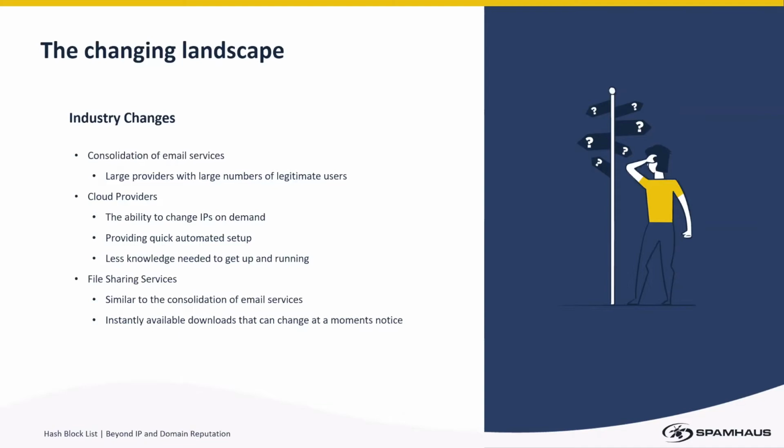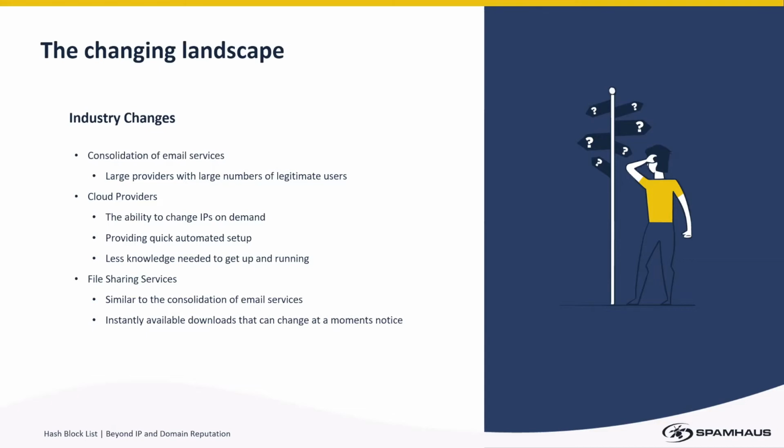Last, we're looking at file sharing services. The consolidation here is similar to what has happened with email. There used to be a bunch of people out there that offered these file sharing services, but now they're really located within a few large providers, and people are able to do that same jumping around that you're able to do in the cloud.